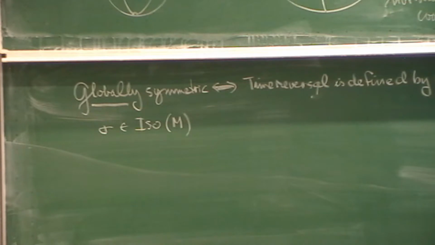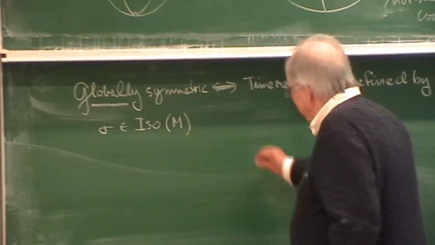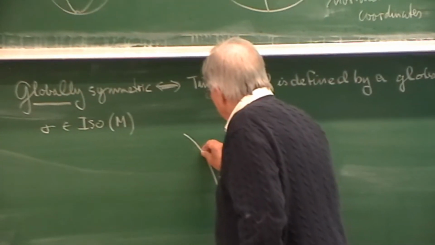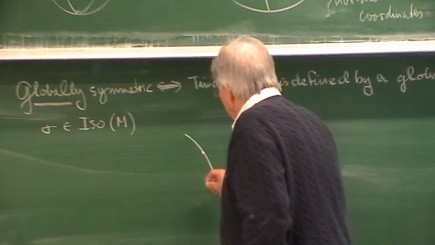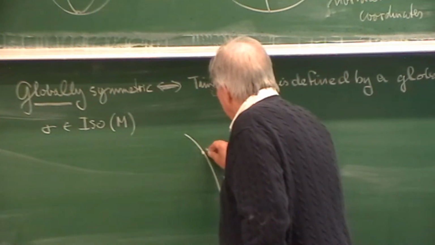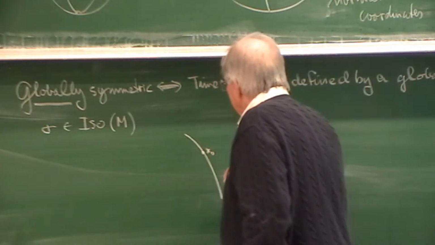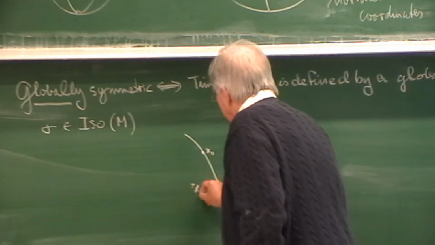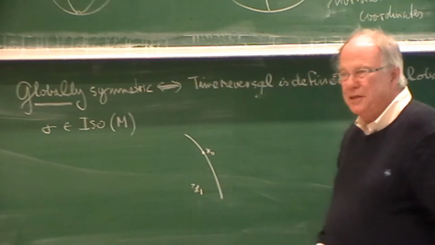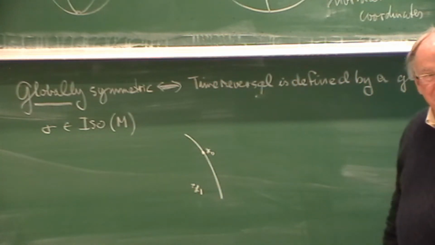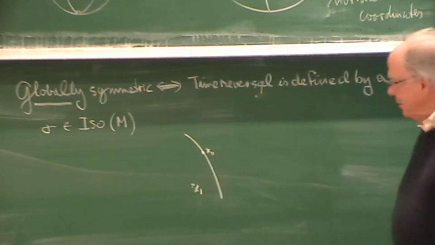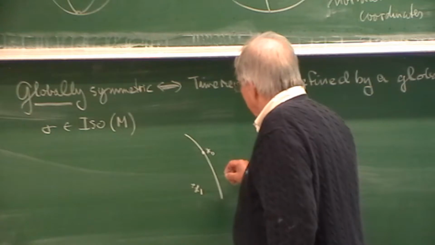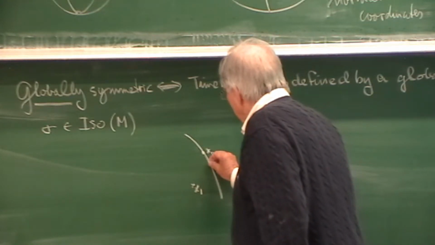Okay. Now watch. Here is x0, and I want to transform it to x1 by a global isometry. Okay? Well, it's not very hard. Here's how to do it.